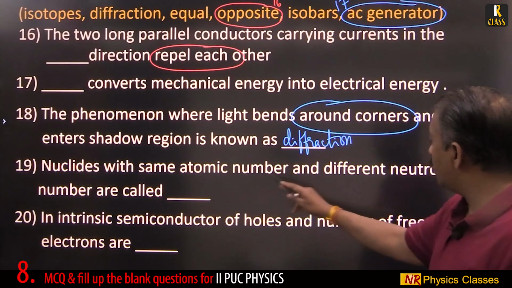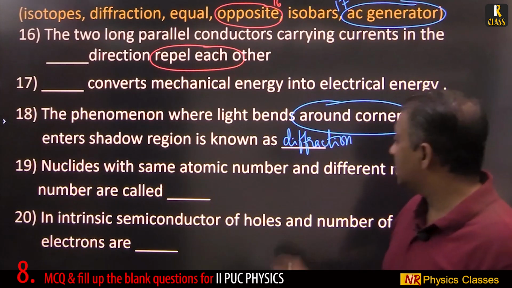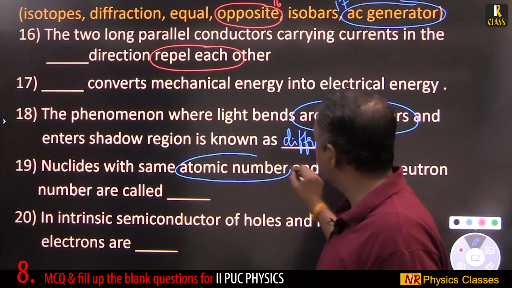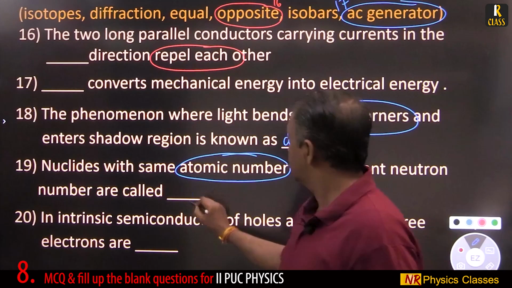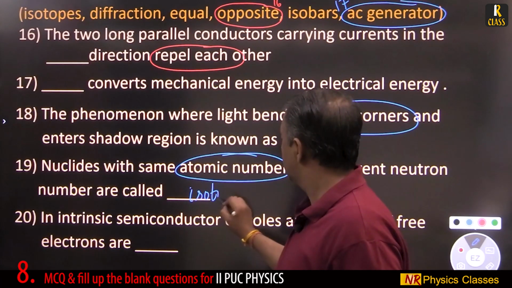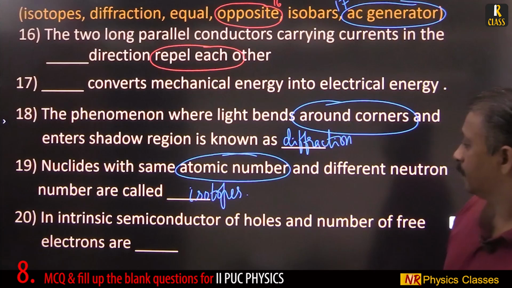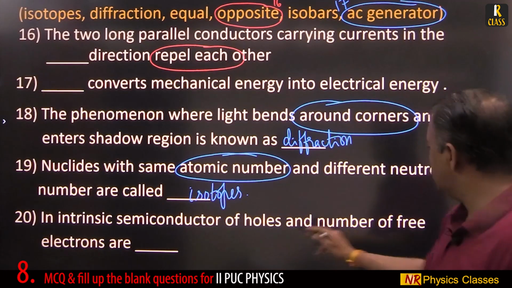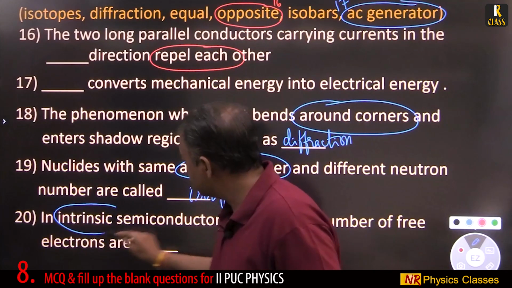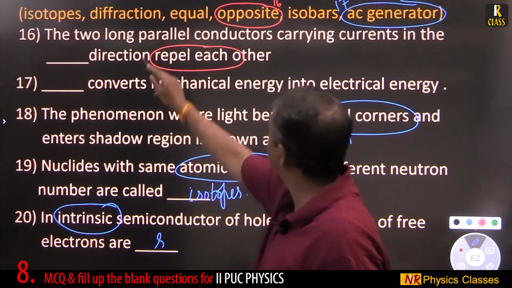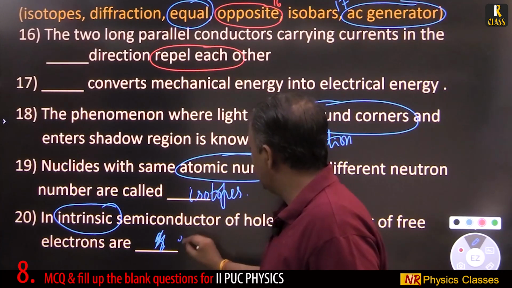Nuclides with the same atomic number and different neutron number: same atomic number means isotopes. In an intrinsic semiconductor, the number of holes and free electrons are the same. So it is equal.